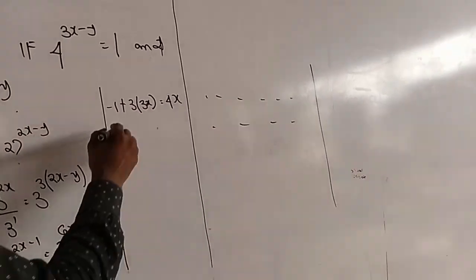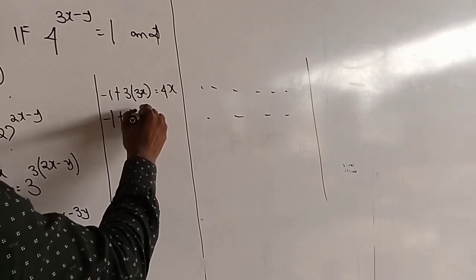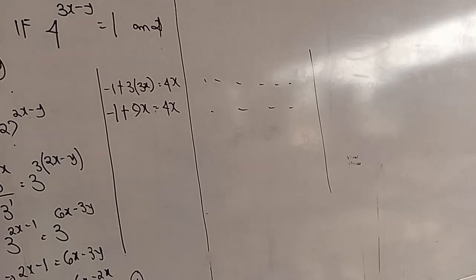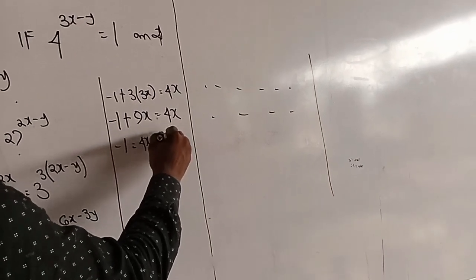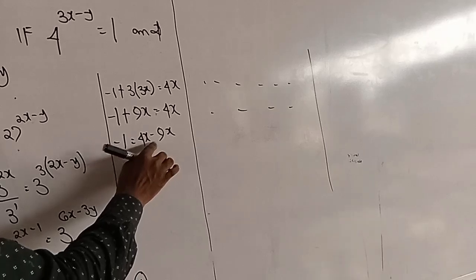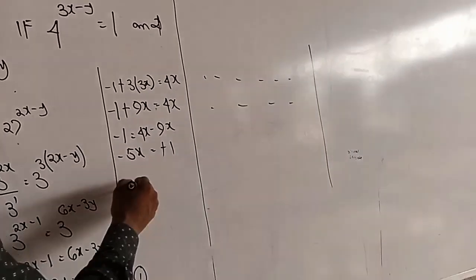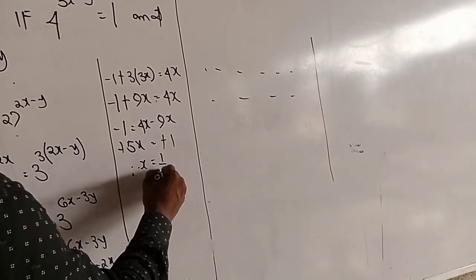Bracket means times, so I'm left with minus 1 plus 3 times 3x, which gives 9x, equals 4x. So I collect like terms from here. I have minus 1 equals 4x minus 9x. So 4x minus 9x gives minus 5x equals minus 1. Minus cancels minus. Therefore, my x is now 1 over 5.